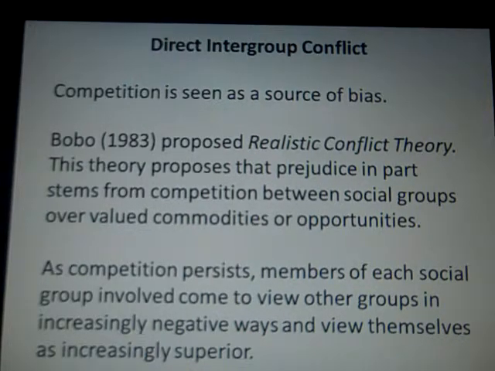That competition can create prejudice between those groups of people in cities. As competition persists, members of each social group involved come to view other groups in increasingly negative ways, and then they view themselves as increasingly superior. So they tend to look at outsiders as being bad, if you will, and insiders, or people within the in-group, as being superior.